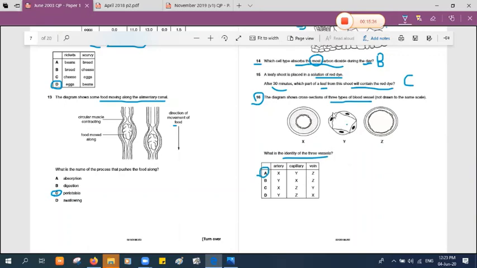When we see this shape, where cells are connecting together, of course, this is a capillary. So we will choose that Y is the capillary. And of course, we will look here at the lumen or this gap. It is narrow in an artery and wide in a vein.